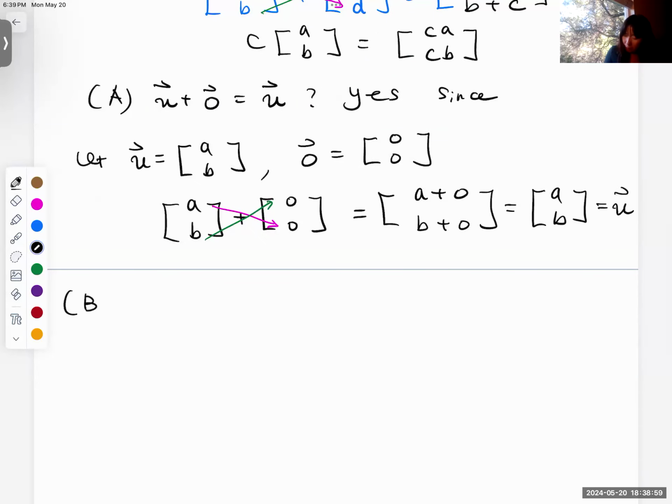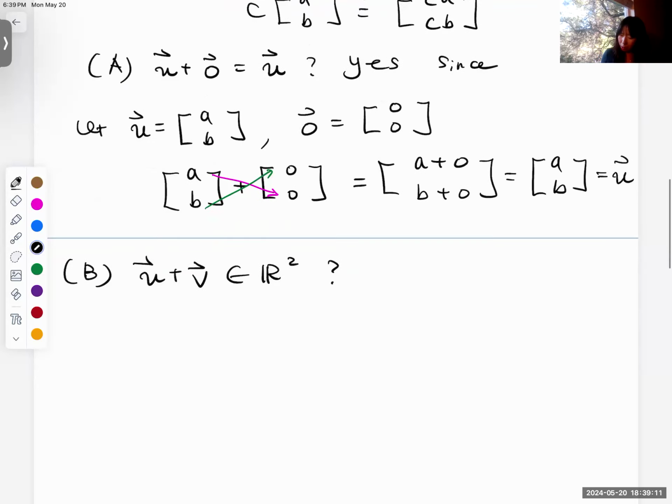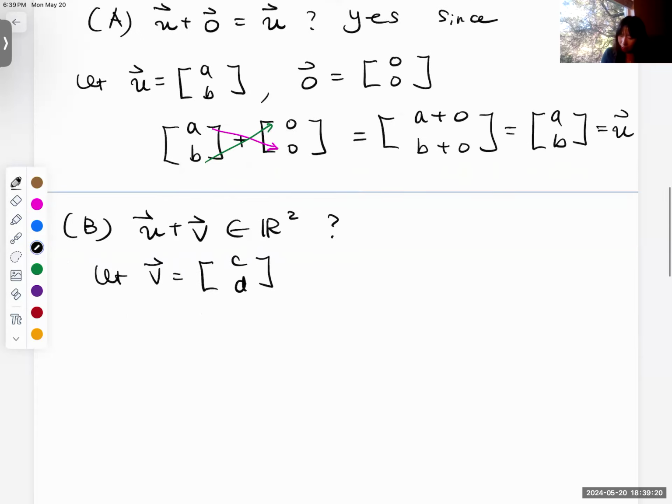And the second part, we have U plus V. Then this is R2. Okay, so we know U equal to (A, B). How about let V equal to (C, D)? Okay, then we have U plus V. Let's check it out. So U equal to (A, B) plus V equal to (C, D).